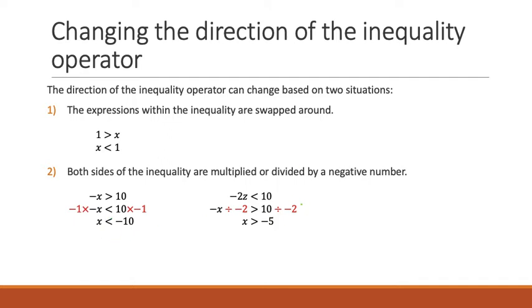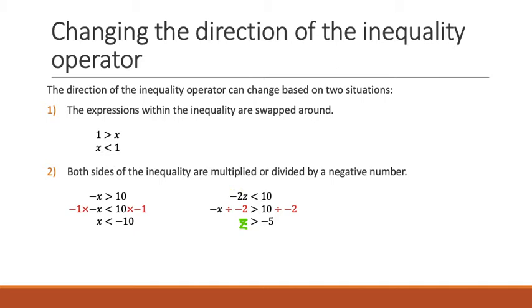Going over to the right, in a similar situation, -2z is less than 10. Dividing both sides by -2, which was the coefficient of this z, z is greater than -5. So originally it was -2z is less than 10, and now z is greater than -5.